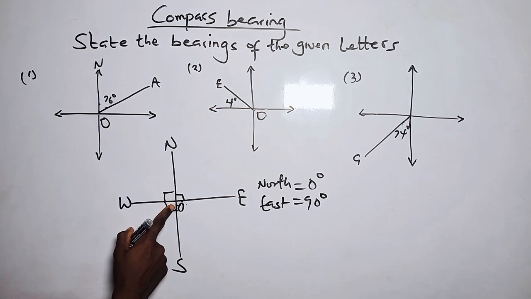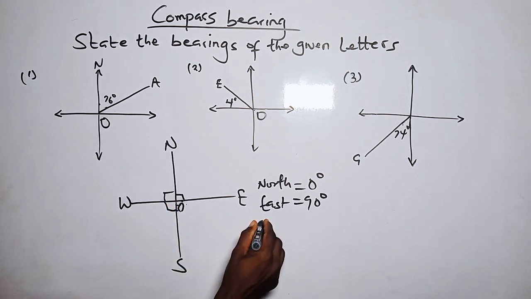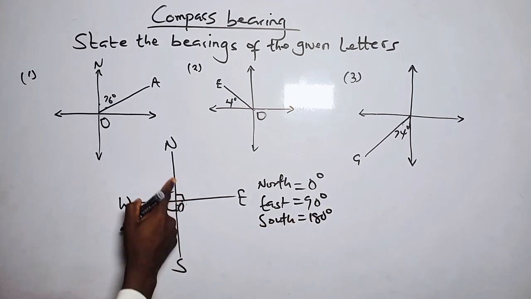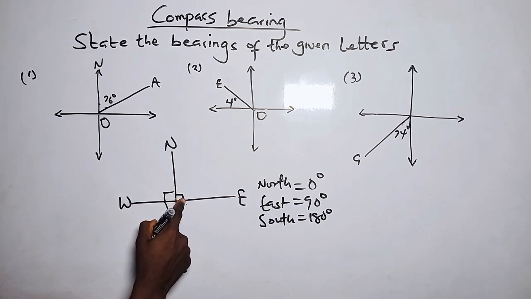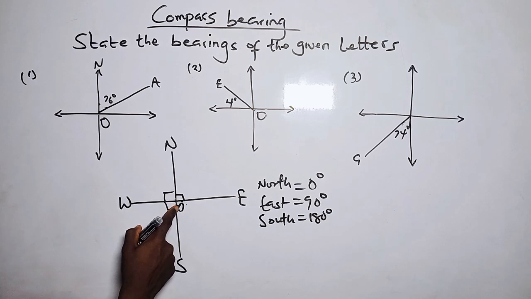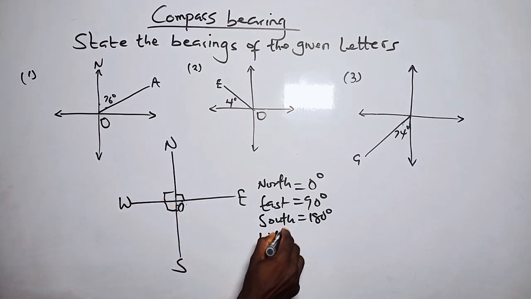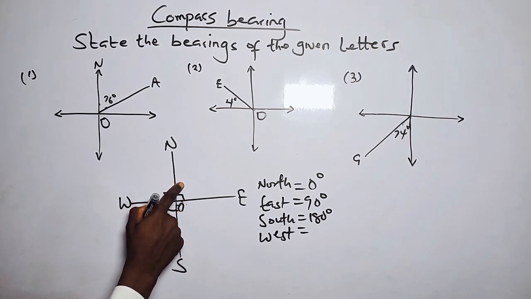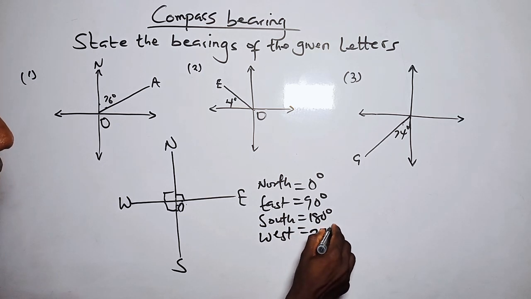The angle formed towards the south from O is 180 degrees, which is 90 plus another 90. And the angle formed towards the west is 270 degrees, because we add 90, 90, 90.